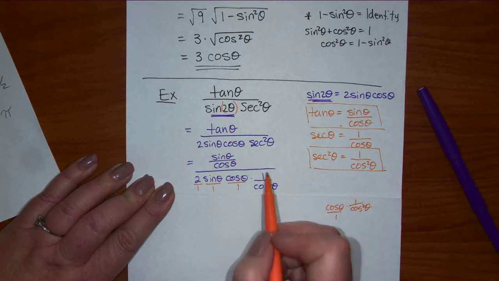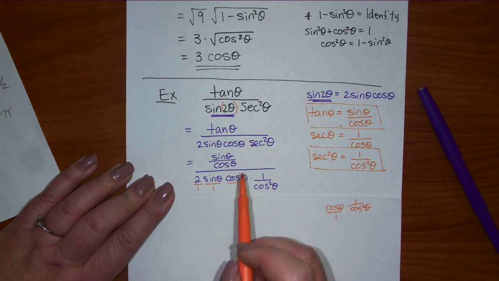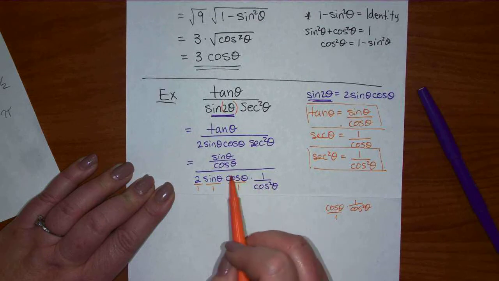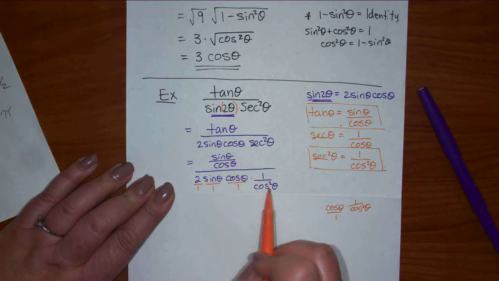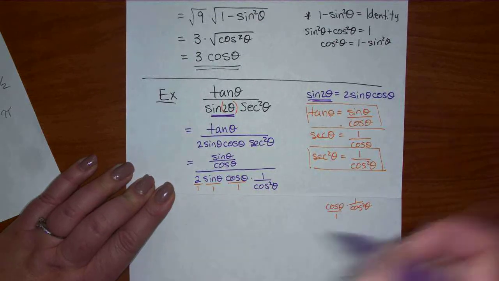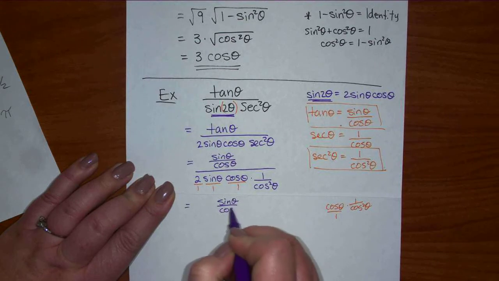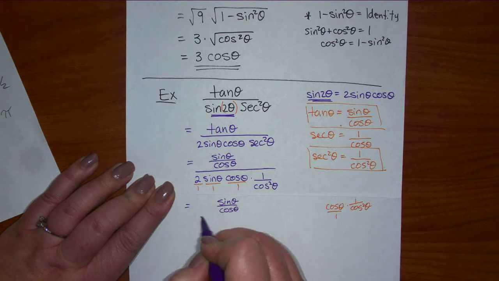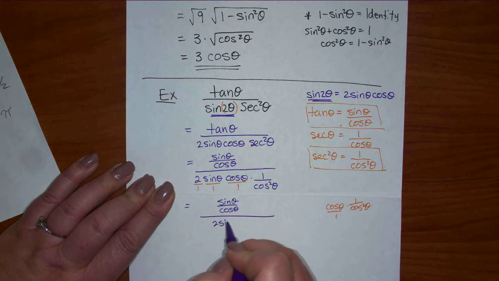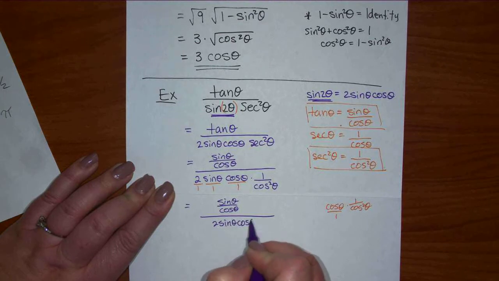So look at how you line up your fractions. So when you multiply these, this is like one big fraction on the bottom. And what do we have? On top, we have sine over cos. And on the bottom, what's the big long fraction? 2 sine theta cos theta divided by cos squared theta.